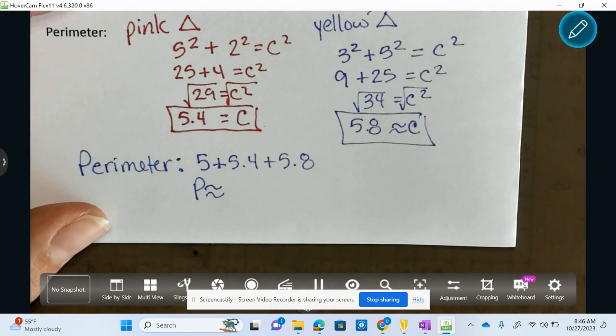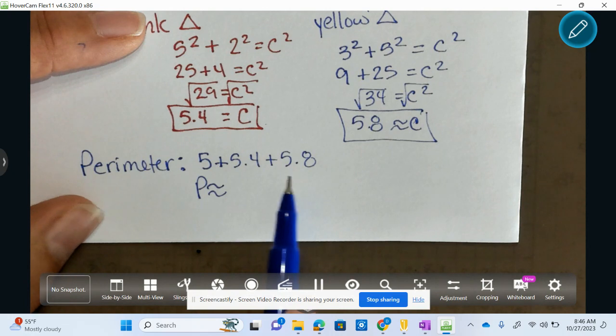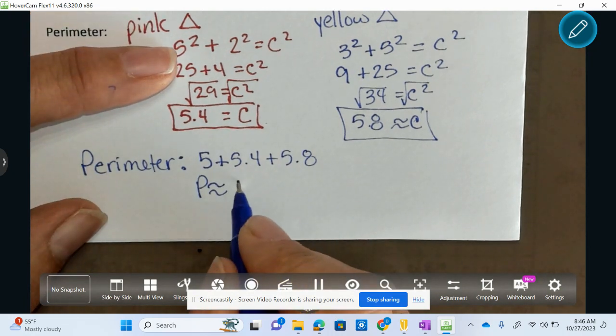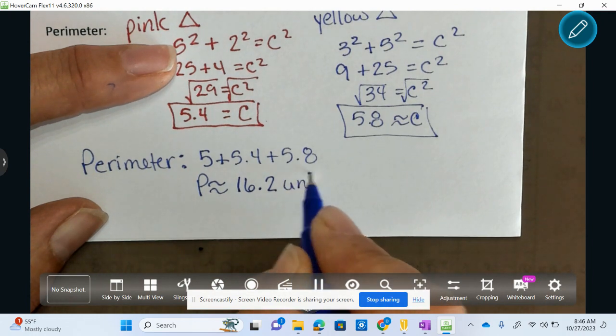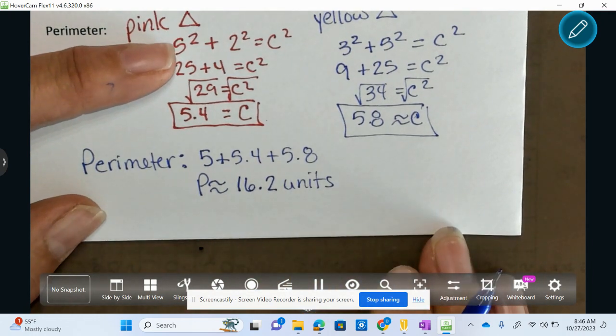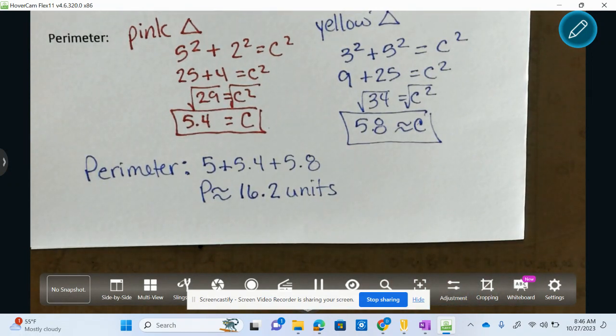So what is 5 plus 5 plus 5? That's 15, and 0.4 and 0.8 is 1.2. So my perimeter is about 16.2 units.